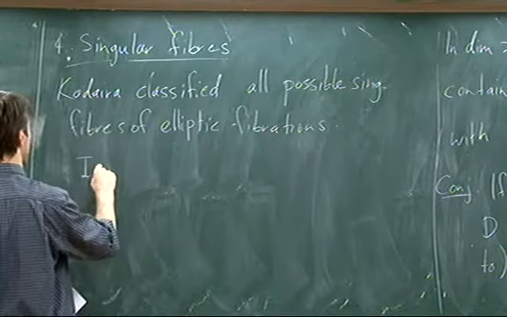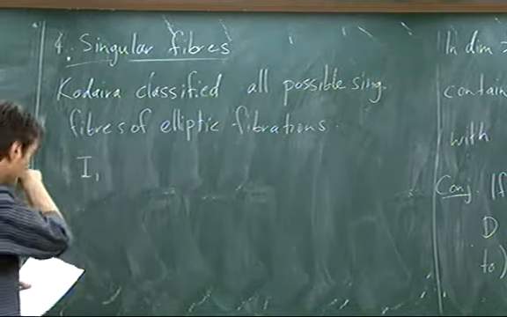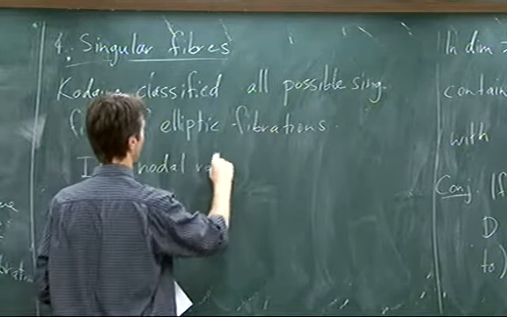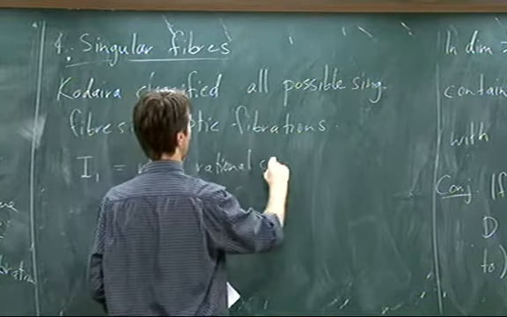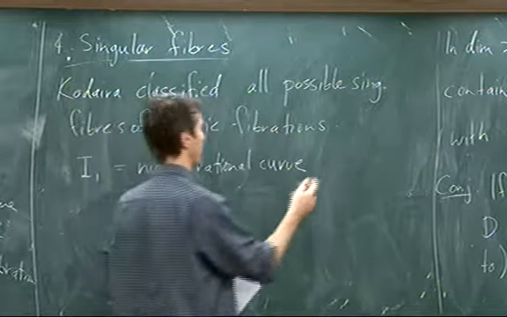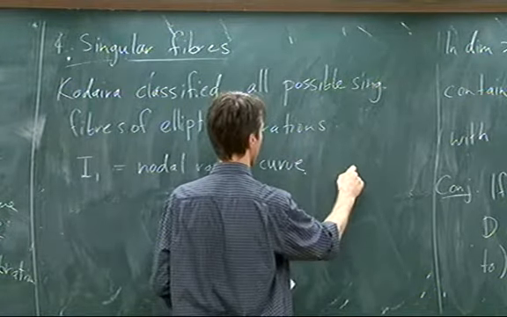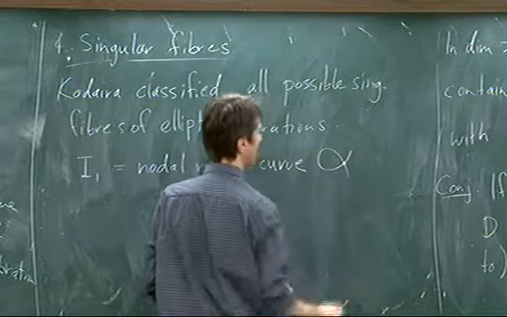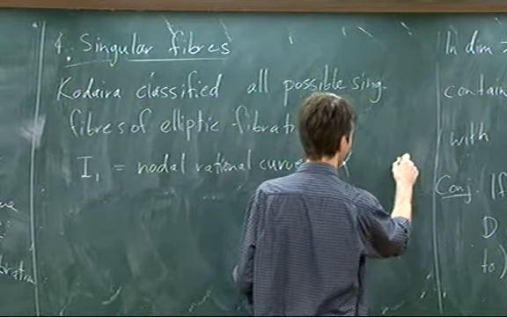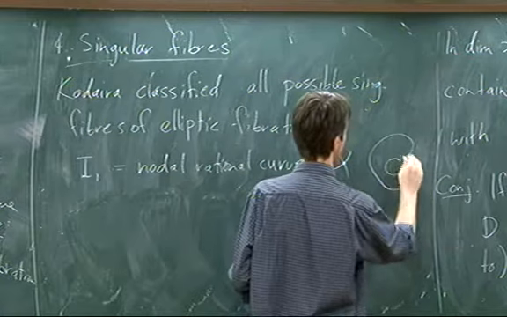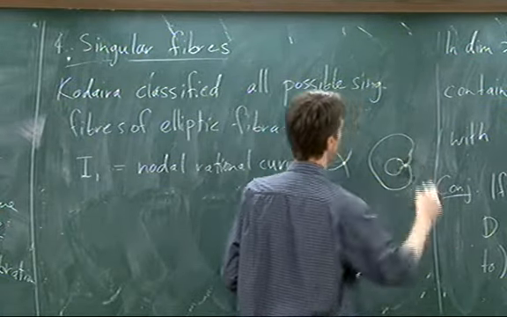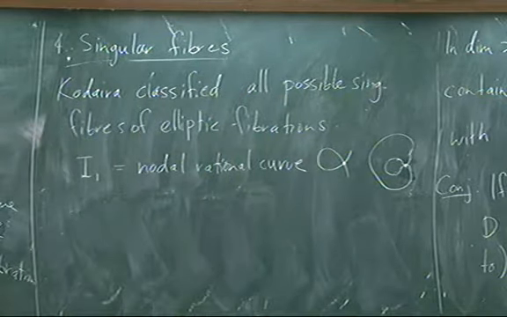In Kodaira's notation, I have the I1 singular fiber. This is a nodal rational curve. In algebraic geometry you would draw it like this, but topologically it's a sphere with two points connected.